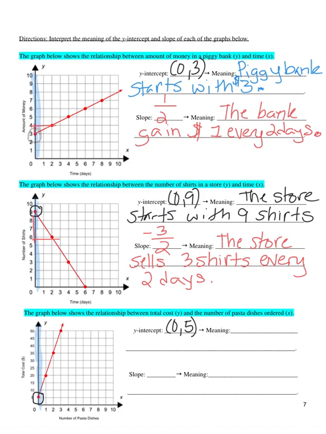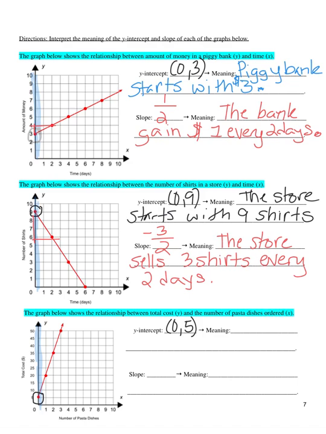Okay, so that means that the starting point is $5. And then we have to think through that. Like, what would a starting point be? Why would you start with $5 in cost before you even started ordering the pasta? And that's because there's a fee.